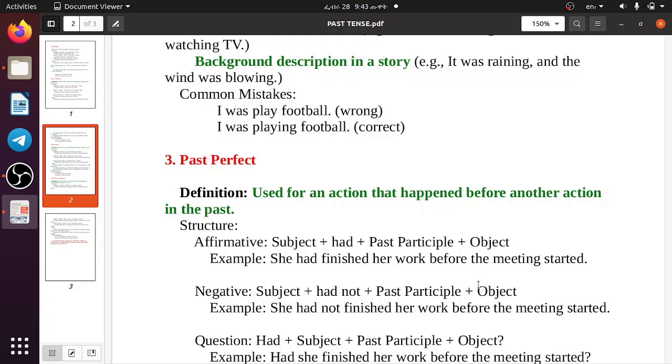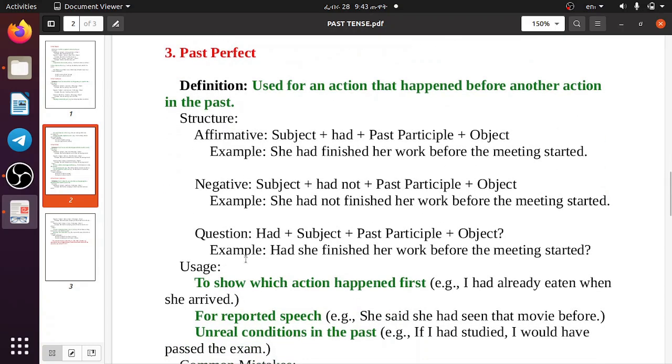In negative form, we add not to the verb to have. The past form of have is had not. So she had not finished her work before the meeting started.